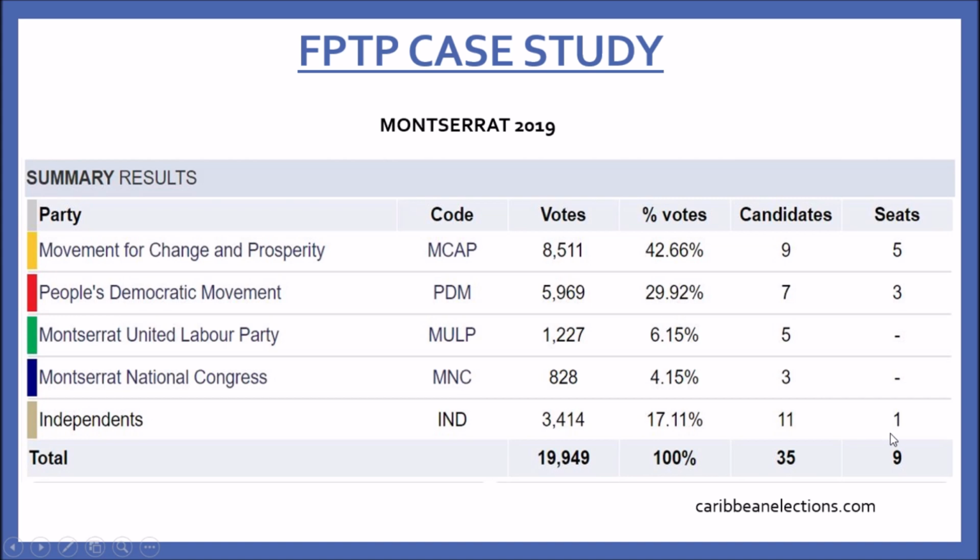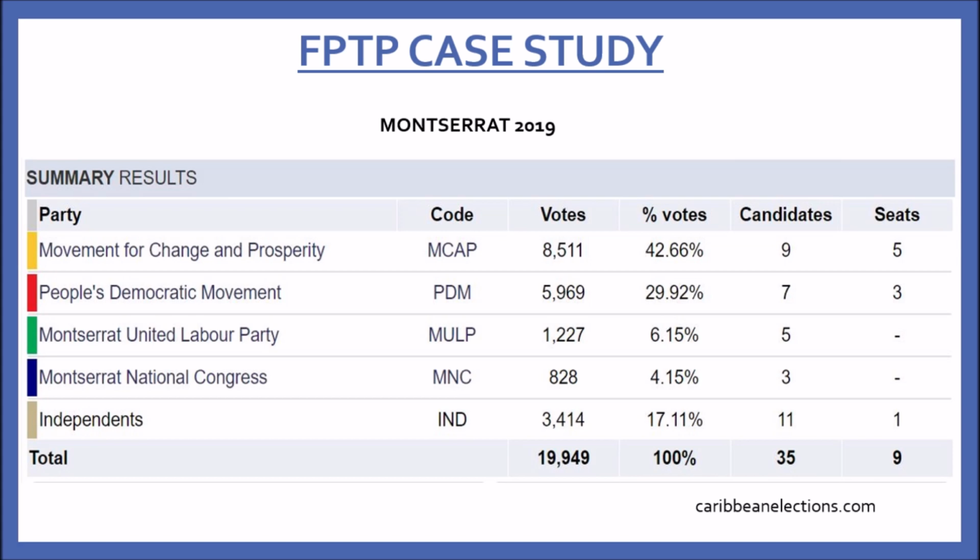So you will see here that this independent candidate coupled with the PDM will form the opposition. So they have a coalition in their opposition. You will also notice that the ruling party has 5 seats while the opposition has 4 seats, so the ruling party only has a 1-seat majority over the opposition.